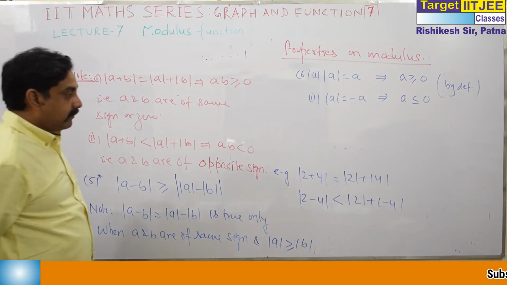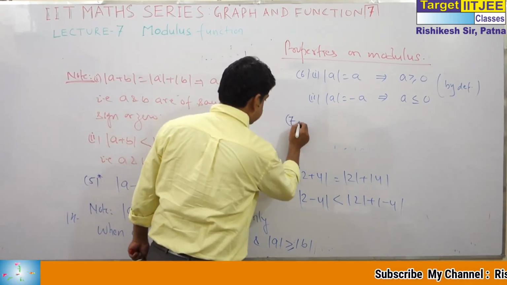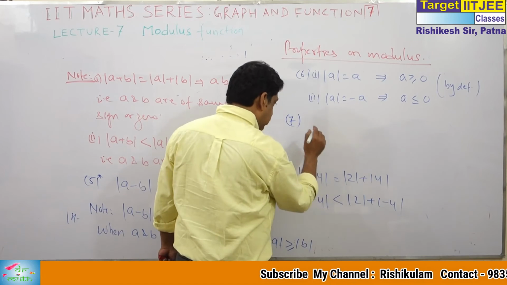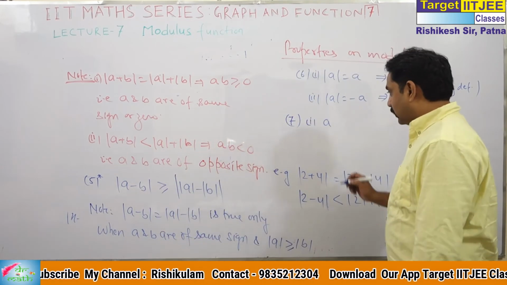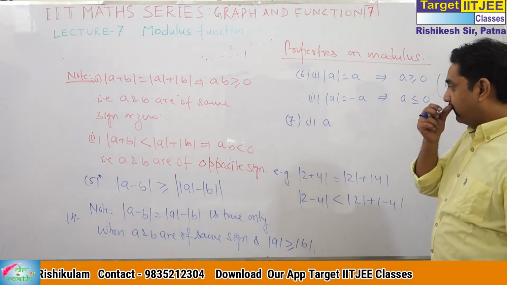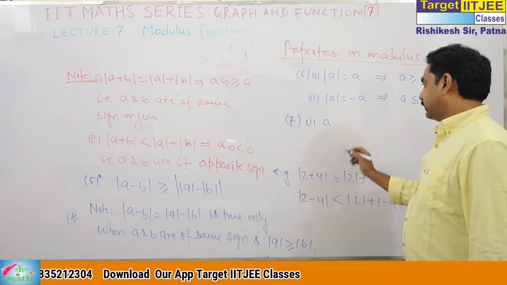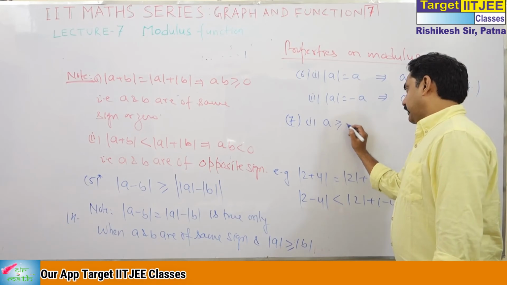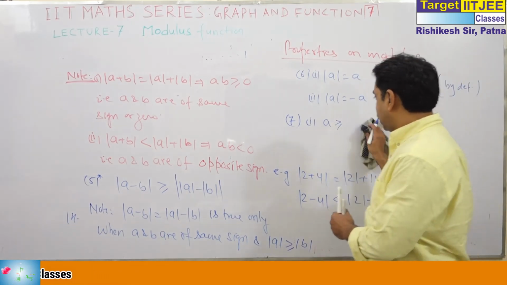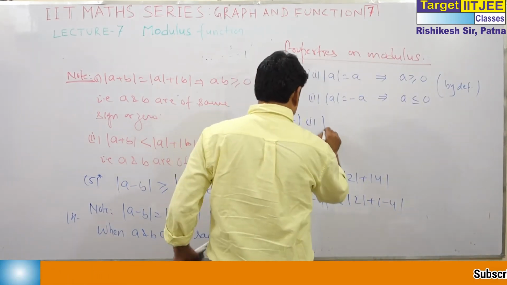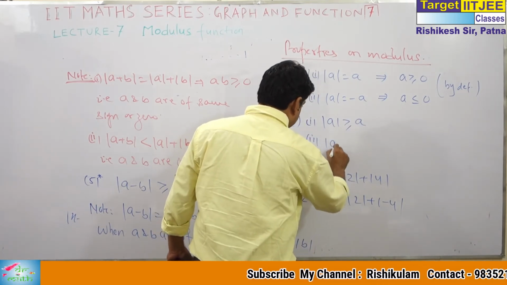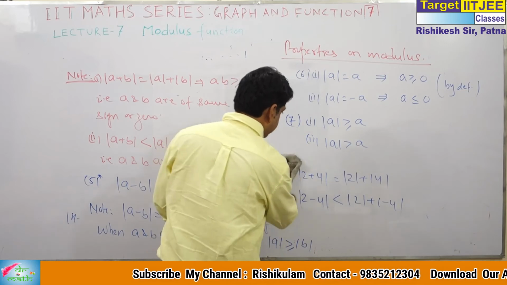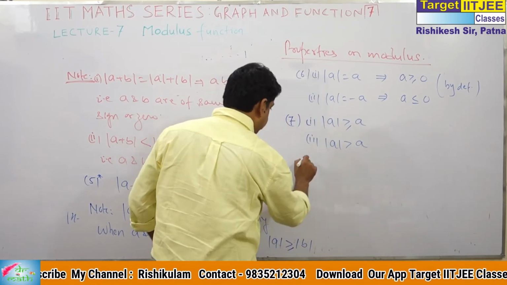Now, come to the next one. Point number 7. What is your idea about mod A greater than A? Here A is a real number, it's understood.